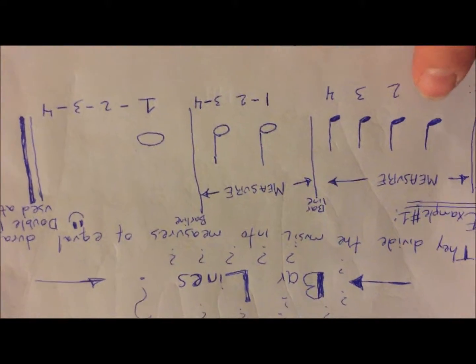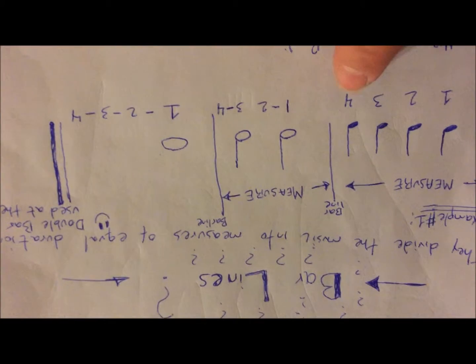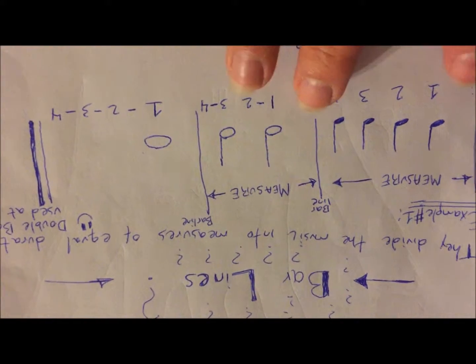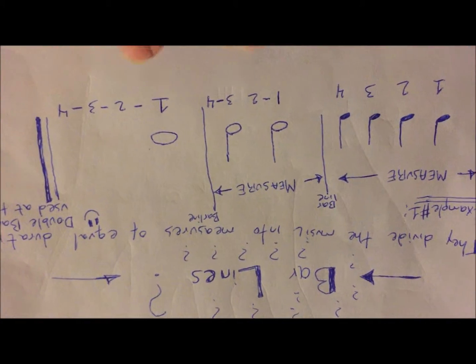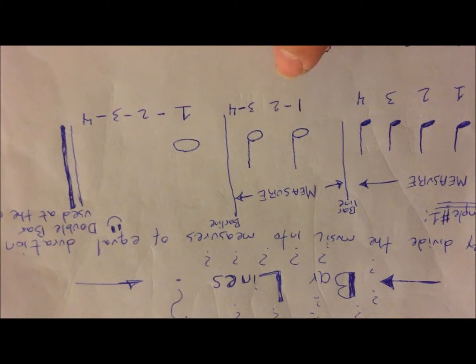this is a quarter note. We may count 1, 2, 3, and 4. There are 4 quarter notes in the first measure. In the second measure, there are 2 half notes, which is equal to 4.